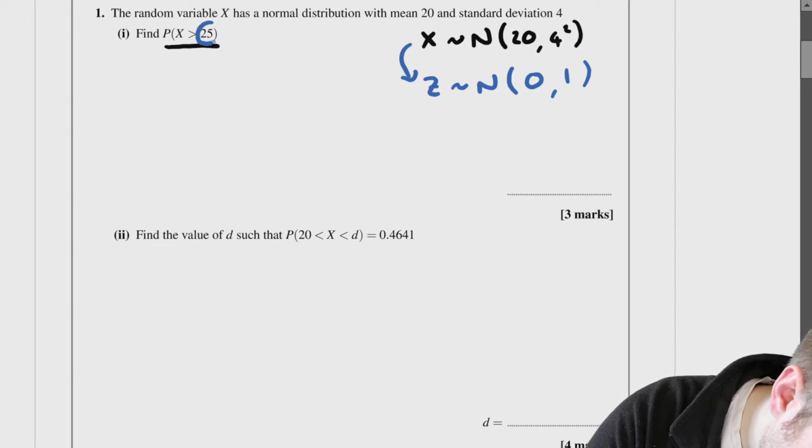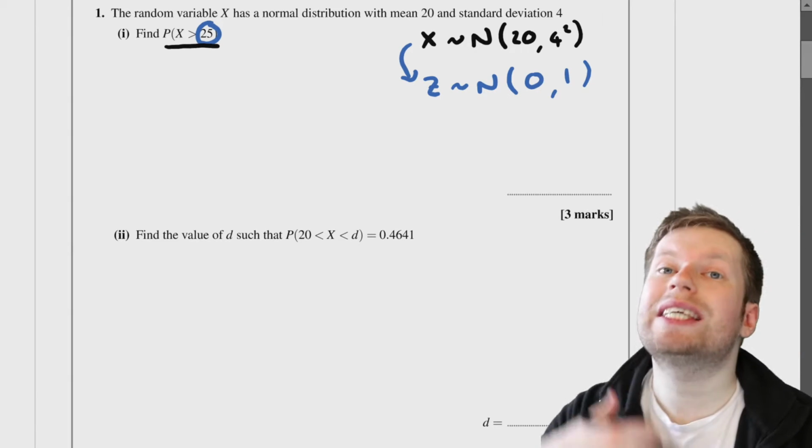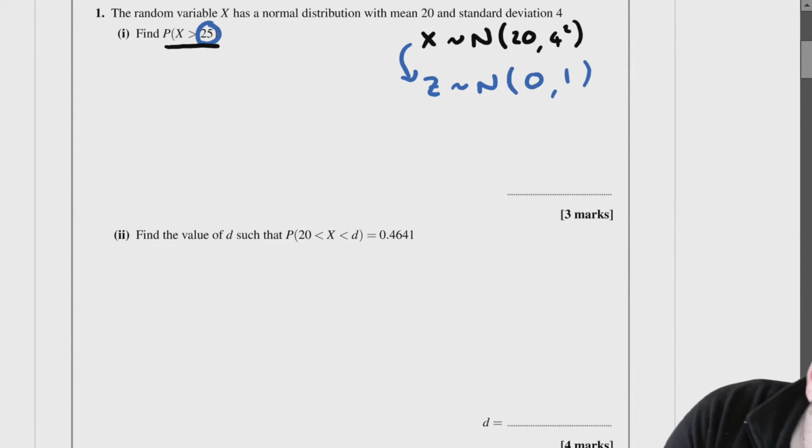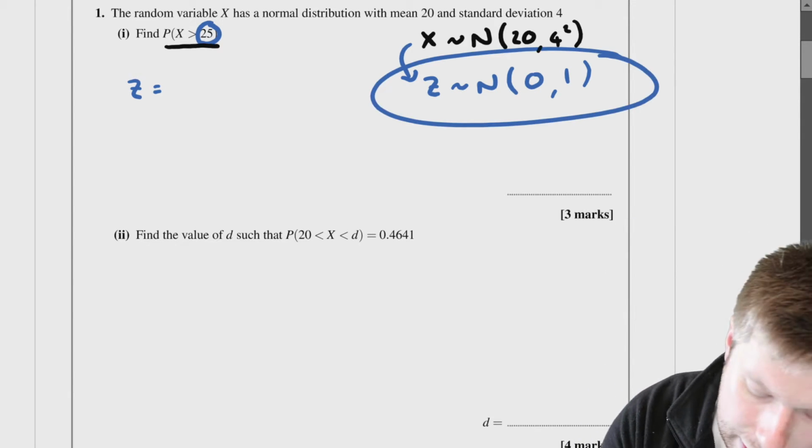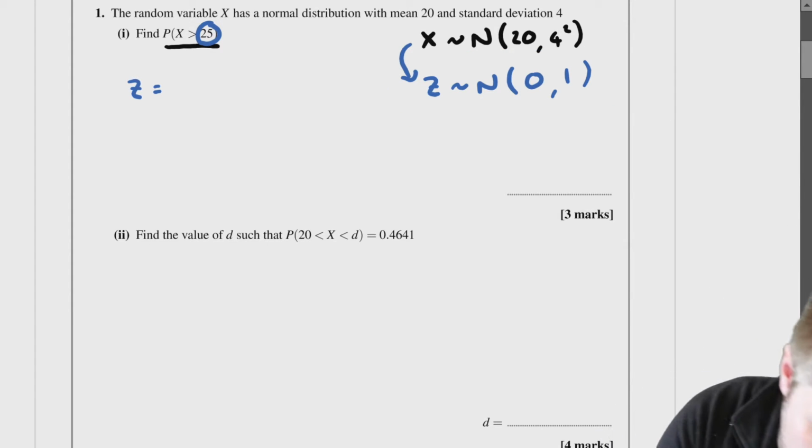So in other words, I need to take 25 and I need to standardize it, okay? So in order to change this value 25 to be using this distribution down here, I use 25 minus the mean. Well, the mean in this case is 20. Okay, so this is kind of doing a shift.